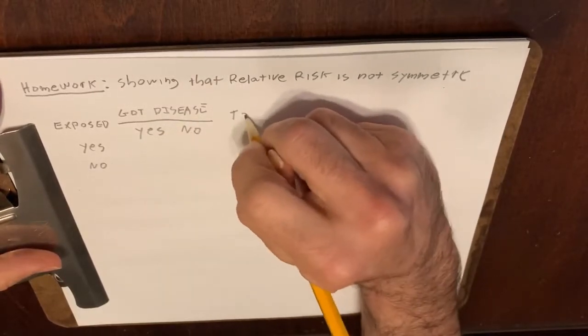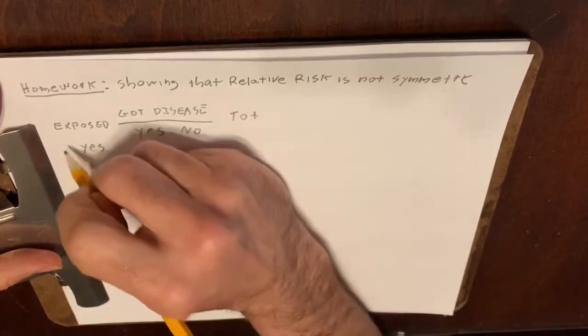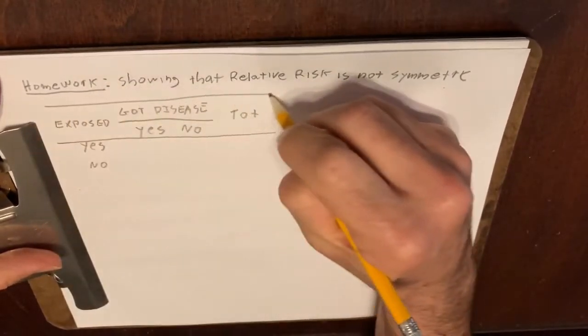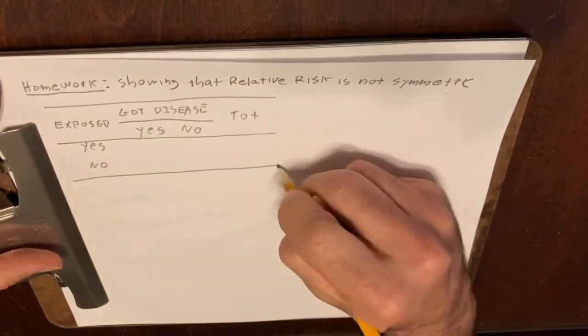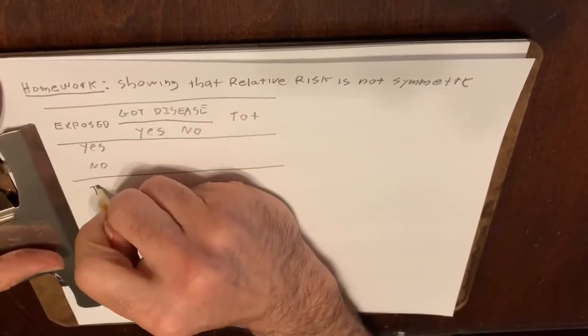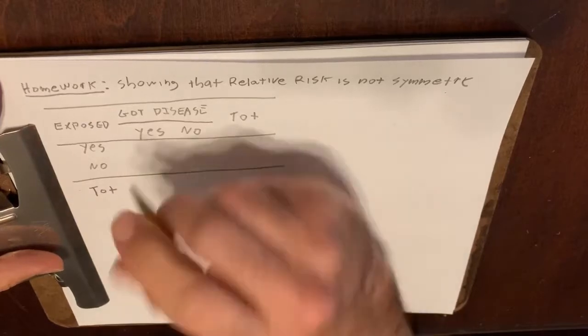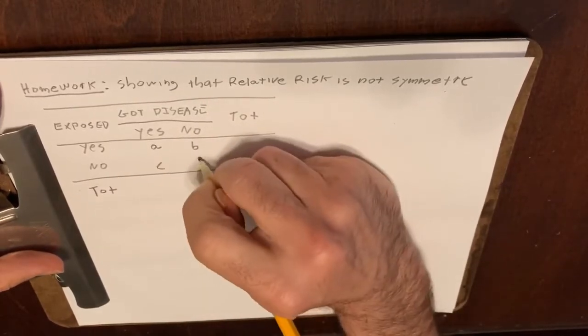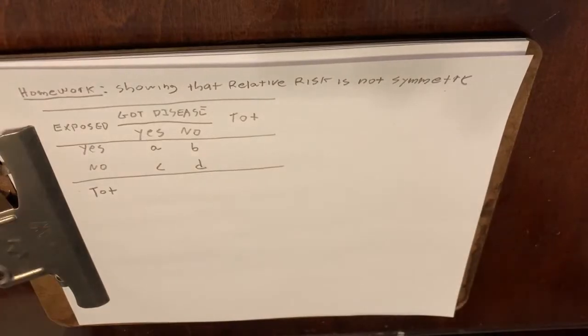We'll put totals in here because we'll actually need them for relative risk. And let's call this A, B, C, D, just like we have been doing thus far.